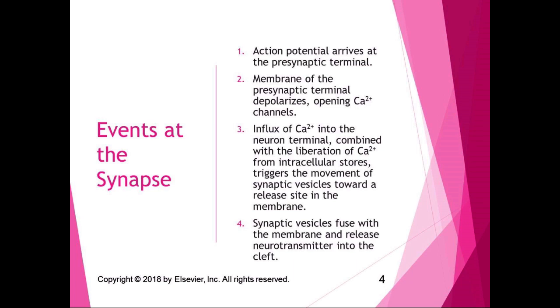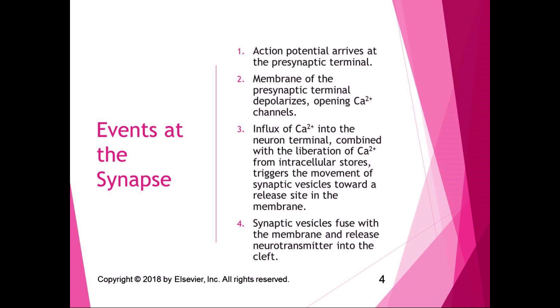So we have calcium in the extracellular space. The influx of calcium into the terminal, combined with the liberation of calcium from intracellular stores, triggers the movement of synaptic vesicles towards the release site in the membrane. So then the synaptic vesicles fuse with the membrane and release neurotransmitter into the cleft. So those are the first 4 steps.